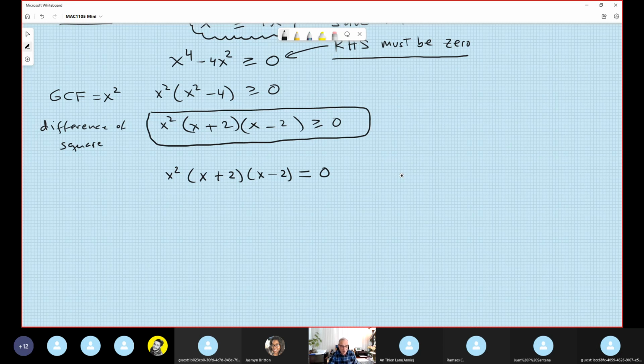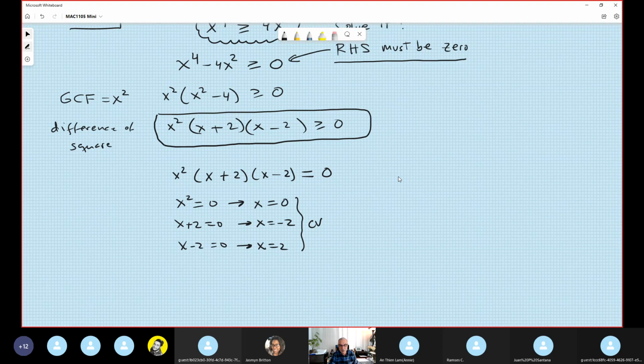Okay, no problem. So say x squared equals 0. Square root both sides. X equals 0. X plus 2 equals 0, x is minus 2. Good. And x minus 2 equals 0, x is positive 2. Oh, wow, these are our critical values.